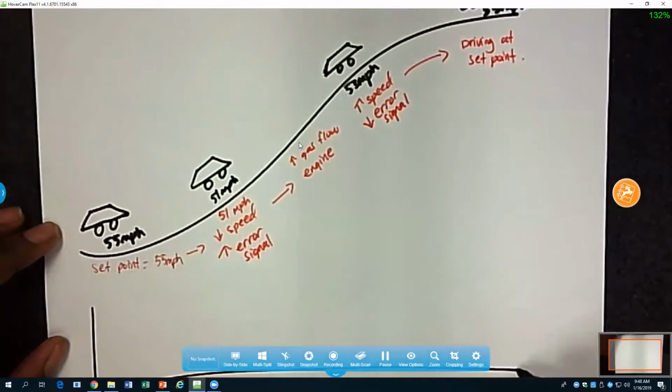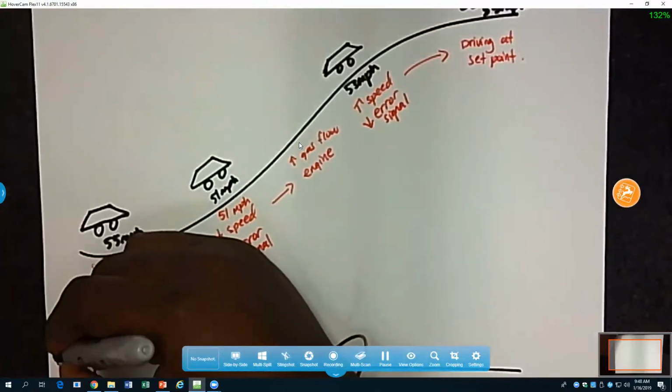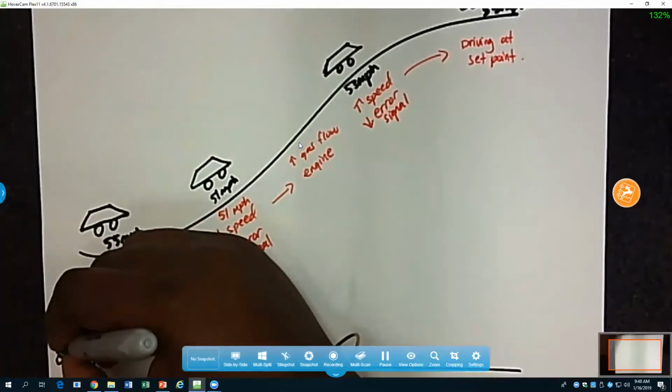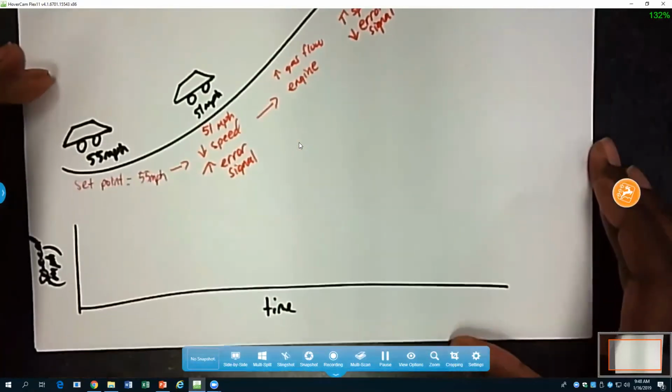Let's look at a graph here. So we have our time on the X, and let's put our speed here on the Y. Okay, can you see that?